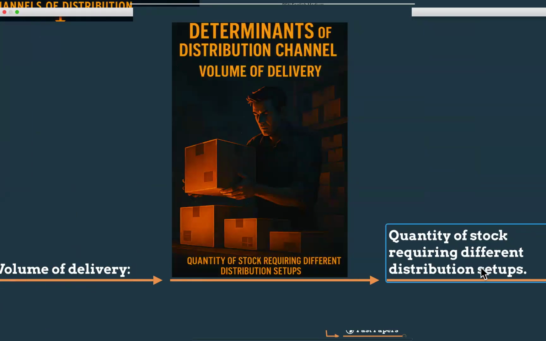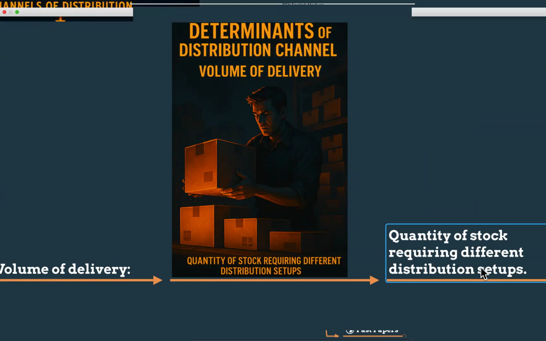If you have large volumes, it sometimes needs wholesalers and agents. Sometimes you are producing 1 million goods and you have to distribute them within 1 month to the entire Sri Lankan market, so you need more than 100 people all over Sri Lanka to distribute your goods. So large volumes need wholesalers and other intermediaries, but small volumes you can sell direct, without any intermediaries, right?